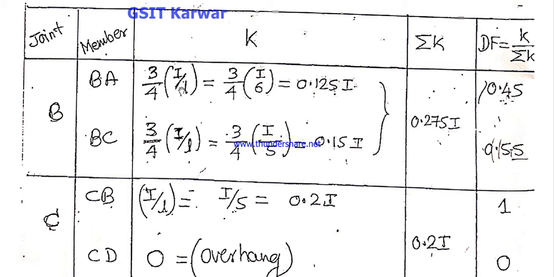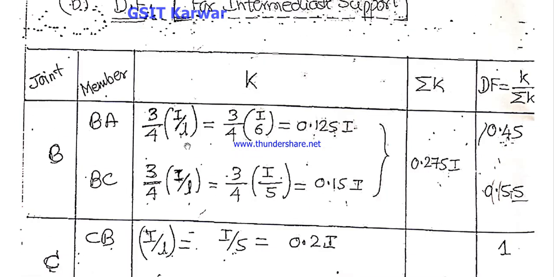Next, after taking this factor, you can substitute the given data. I is constant here, and L is the length of span BA.